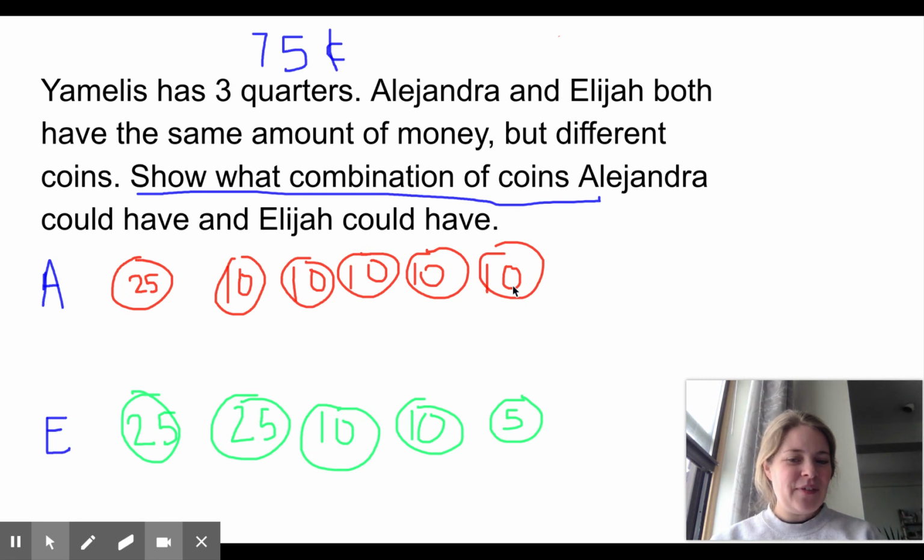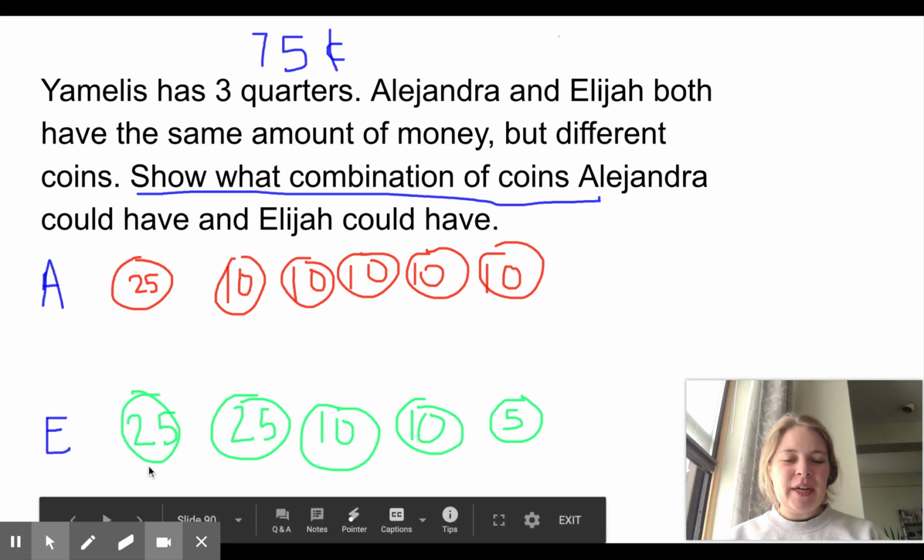Do I have enough? 75. Good job. 25, 35, 45, 55, 65, 75. Yeah. So 1 quarter and 5 dimes could equal 75 cents.